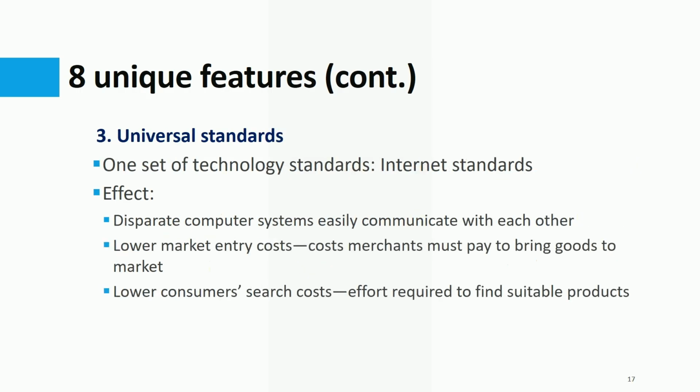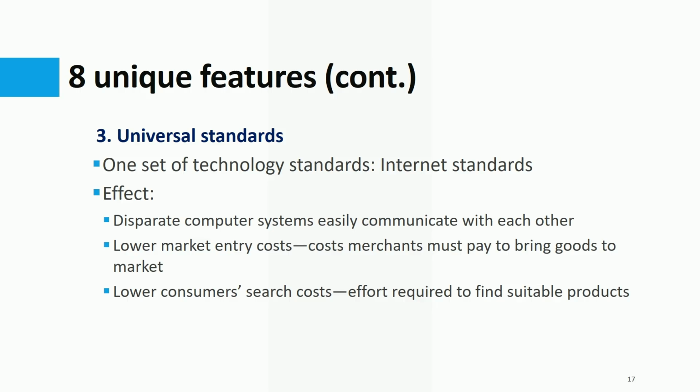Next, we discuss the next few unique features of e-commerce, which is called universal standards. E-commerce uses universal standards for the internet, meaning all the countries share the same rules for how computers connect.